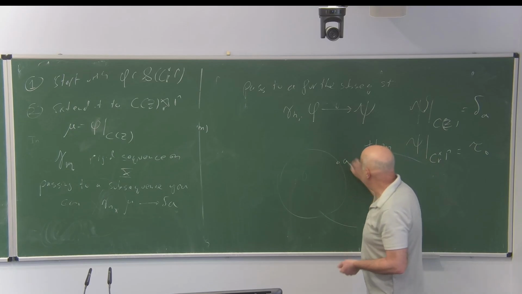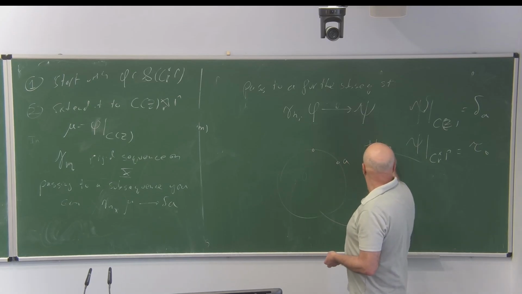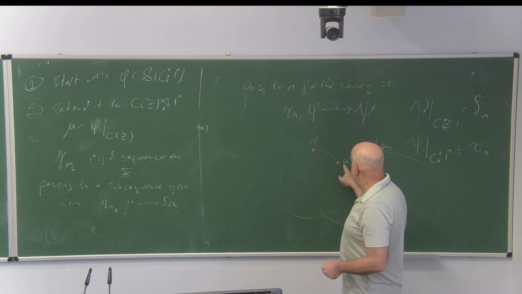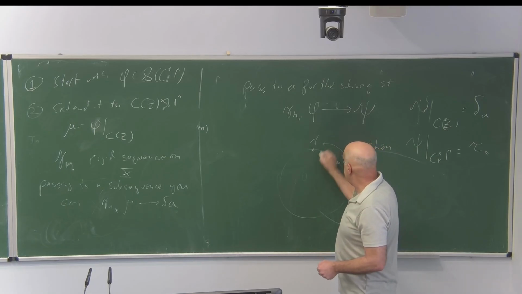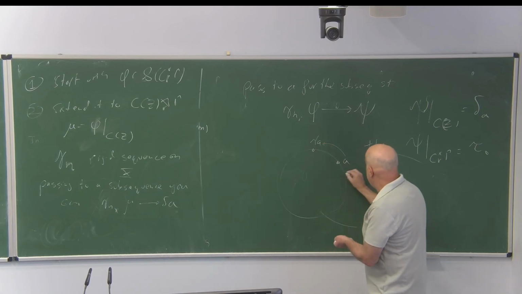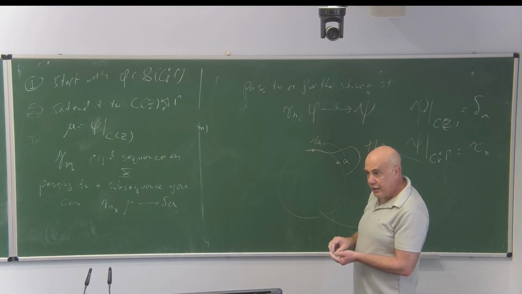I mean, if this is my point A, and I want to show that this restriction vanishes on some element gamma, using the fact that the action is free, I can find some function that is 1 here, but 0 on the other side.